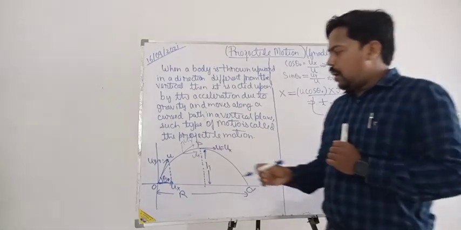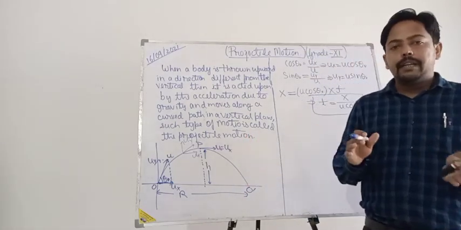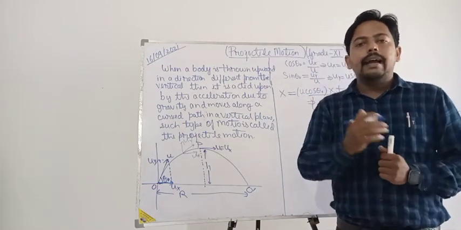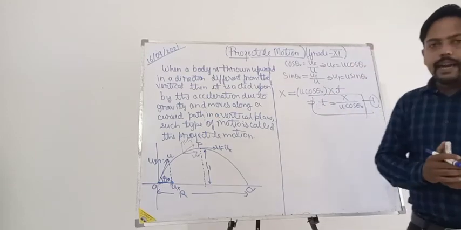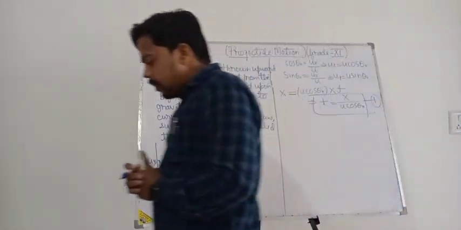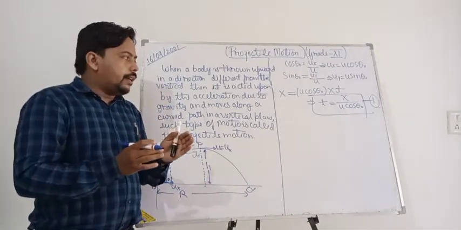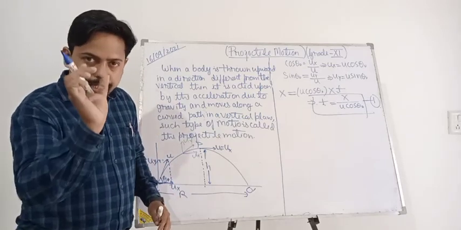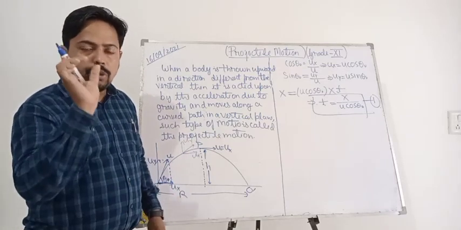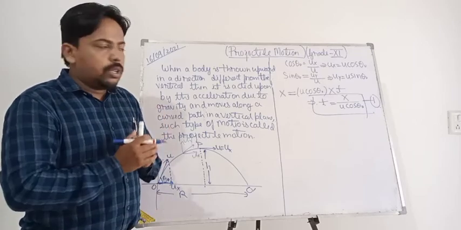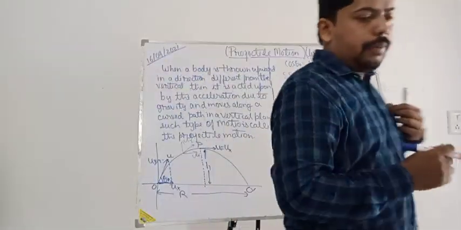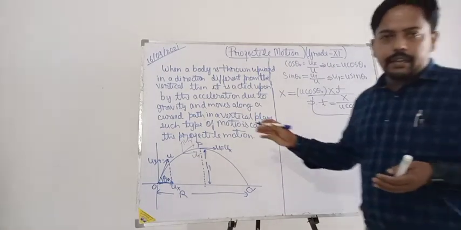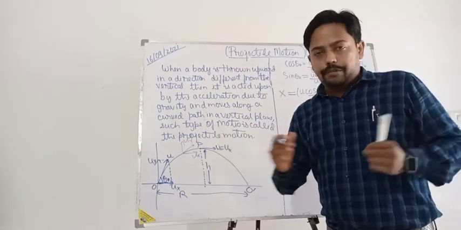But if the particle is doing its motion under the influence of acceleration due to gravity, then the a term, the acceleration term in the second equation, is replaced by the g term, that is, acceleration due to gravity, denoted by small g. So what will be the expression for the height of a particle in t interval of time?